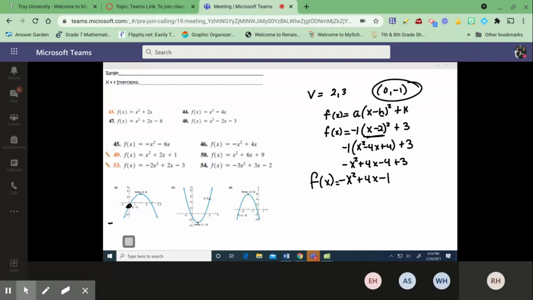All right, why don't you try 63 here. My vertex is 1, negative 3, and I have the point 3, 5.